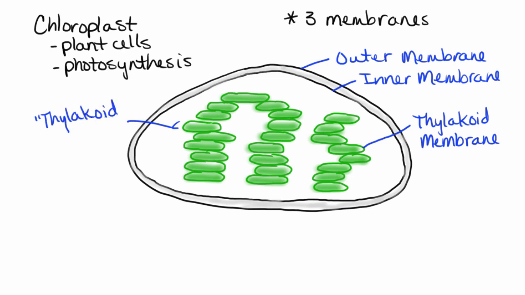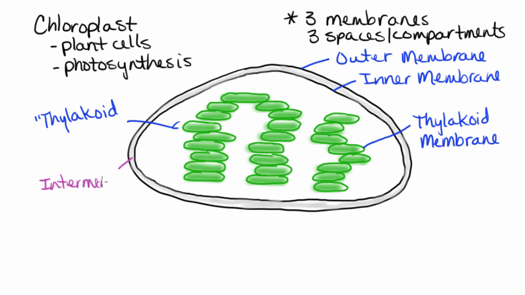Now, because we have three membranes, we actually have three spaces or compartments as well. And so if we go through and we point out where those three compartments are located, I'm just going to draw that in a different color here. We've got one in between the inner and the outer membrane, and we're going to call this the intermembrane space.